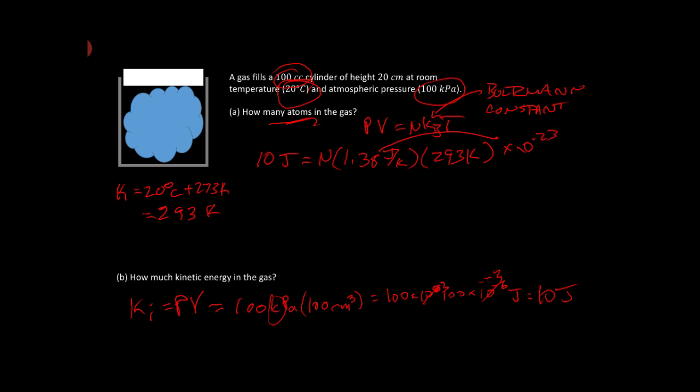Okay, maybe at some point I'll be able to get through this again, but not today. All right, N is multiplied by 1.38 times 293. I can't do that in my head. That's 404, and that's close enough, times 10 to the minus 23 joules.